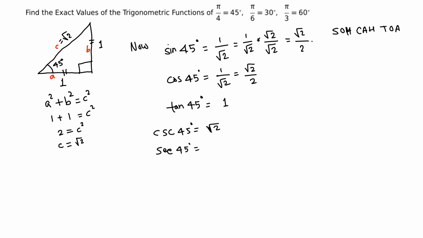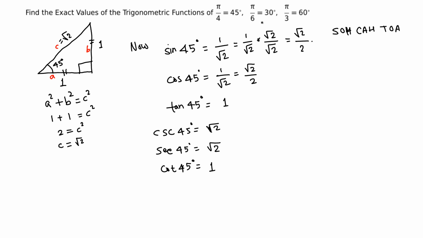Using 1 over root 2, when I flip it, the reciprocal is just root 2. And cotangent of 45 is the reciprocal of 1. 1 is 1 over 1, just 1. Okay, this is how we find all trigonometric function values of 45 degrees.